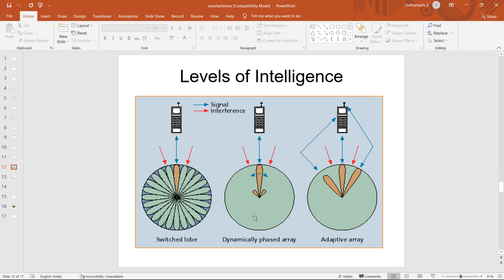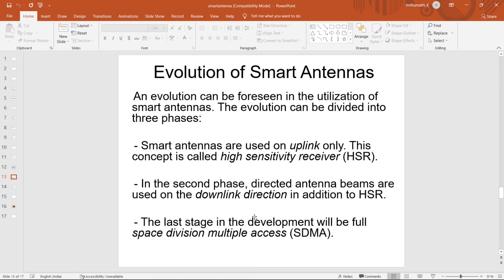In dynamically phased array we have only one directional beam, which can be switched based on the direction of arrival. And in adaptive array we have multiple lobes with a high gain, and it will be switched over different directions based on the direction of arrival to show the adaptiveness within the network. So these are the three levels of intelligence. Based on this, smart antennas are designed, and nowadays everyone is using the adaptive array technique.